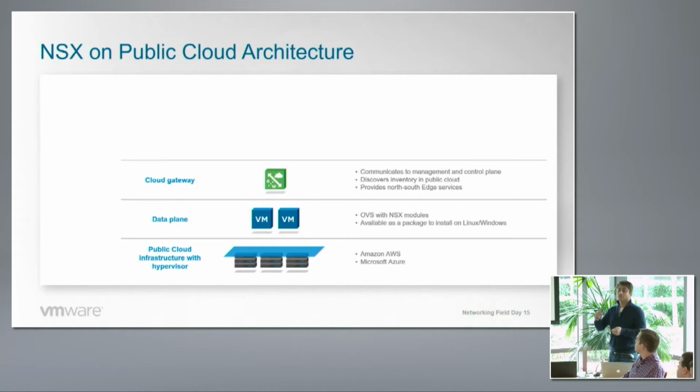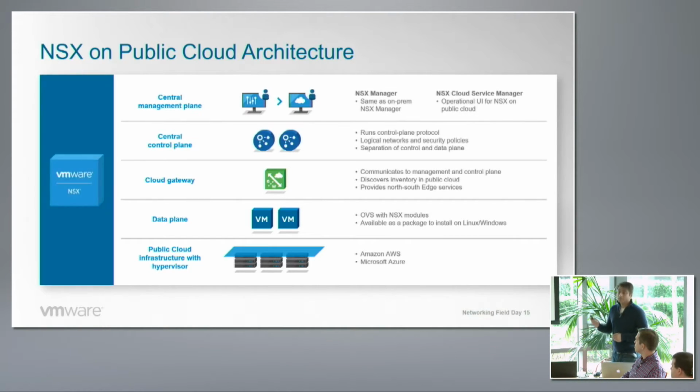We did this because we wanted granularity in managing one VPC and not the other, could be a dev or test versus production VPC, and we wanted to give that flexibility to the customers. And then we have the NSX control plane and the management plane.